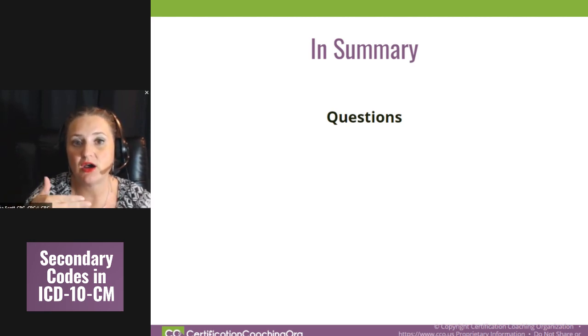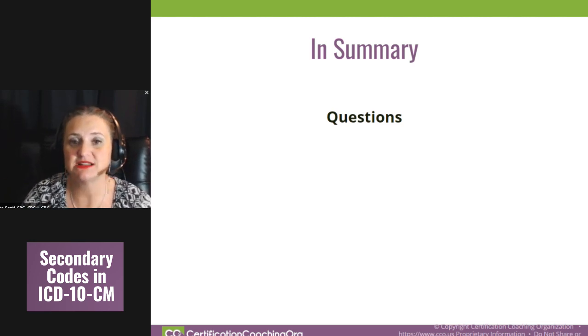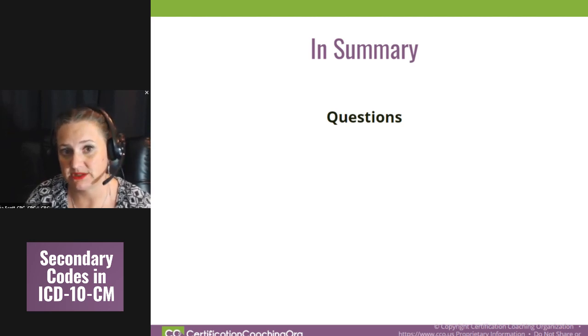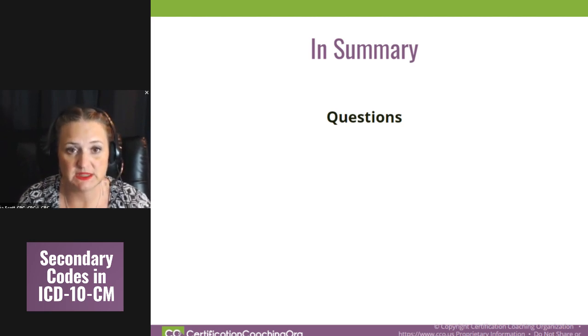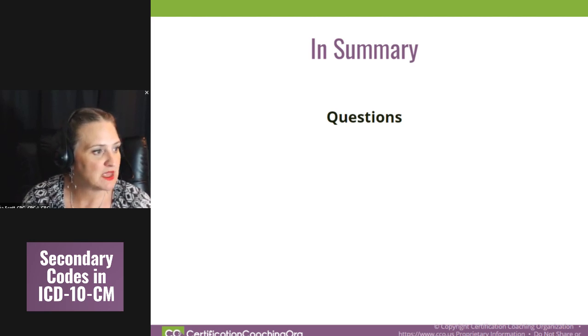But being overweight is not the same as obesity. It's not synonymous, and it's definitely not morbid obesity. Okay, but you have to have obesity or morbid obesity documented to be able to code the BMI, or severe underweight, because a low BMI is just as bad as obesity.